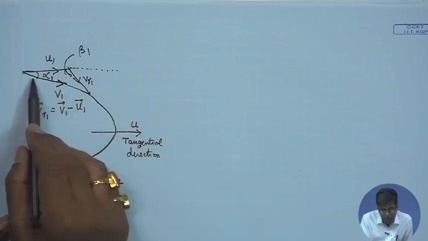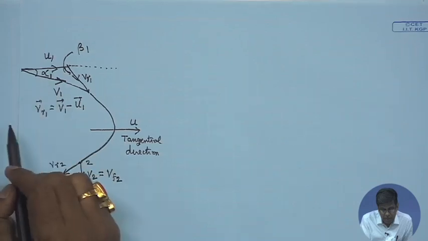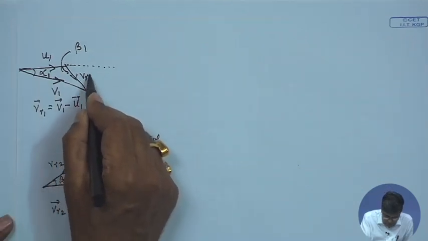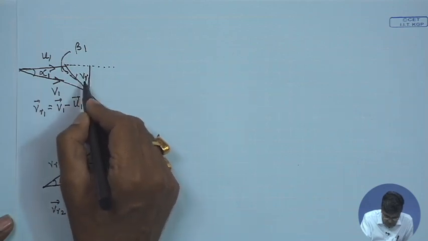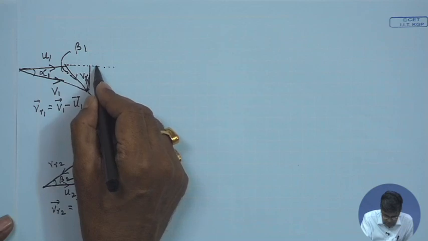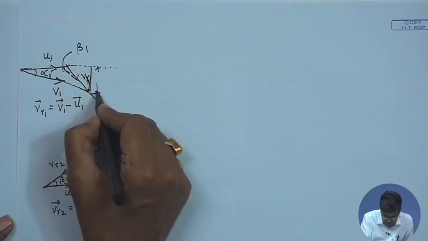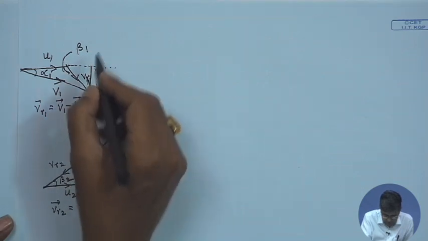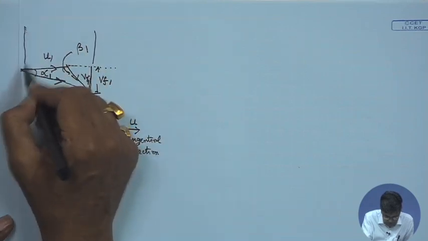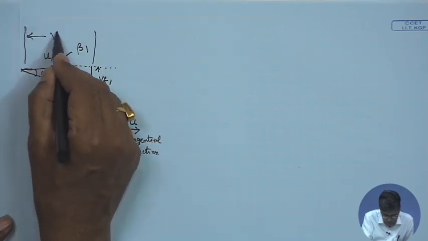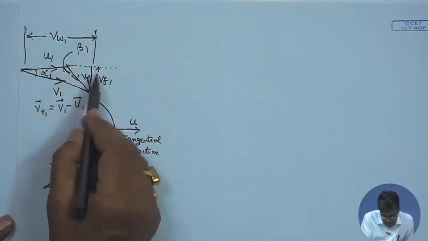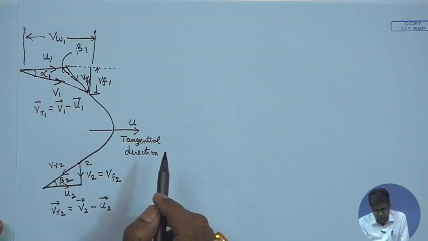So, this is the absolute velocity, this is the angle of the guide vane, and here we have the flow component of velocity. This one is Vf1, and this one is Vw1, that means the tangential component of the inlet velocity V1.